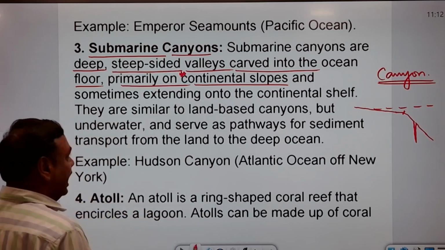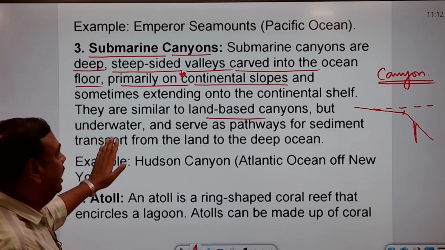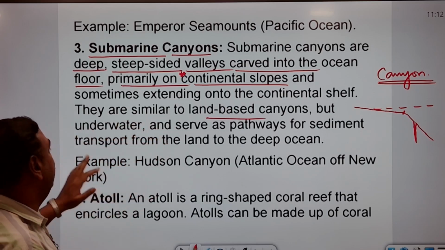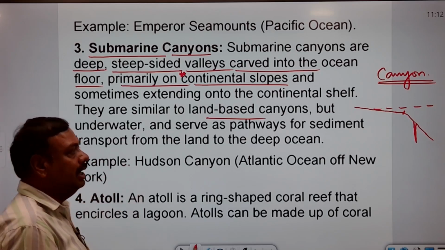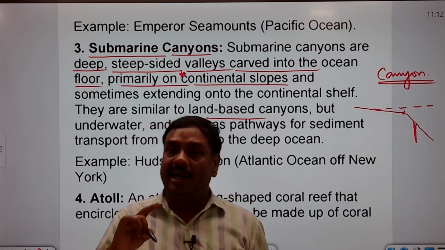Got it? They are similar to land-based canyons as I was telling, but underwater, and serve as pathways for sediment transport from the land to the deep ocean. One thing I told you when we were discussing the continental rise.